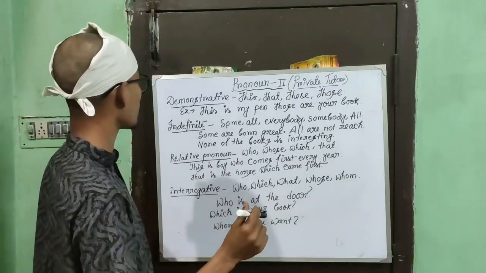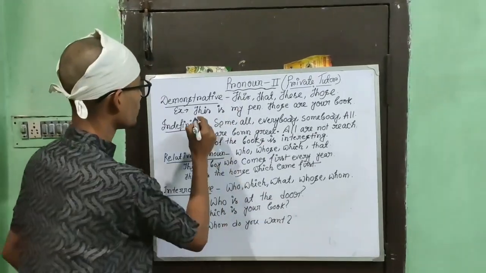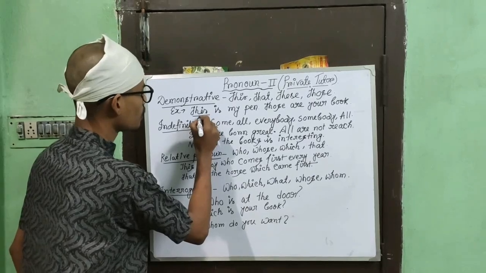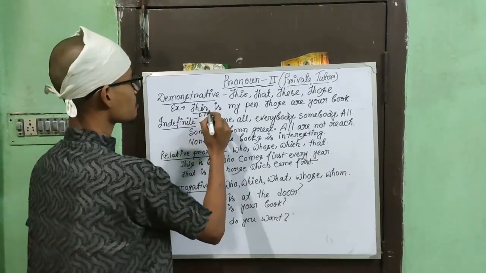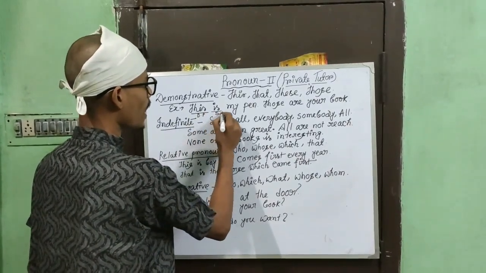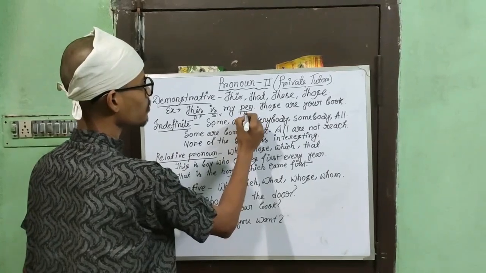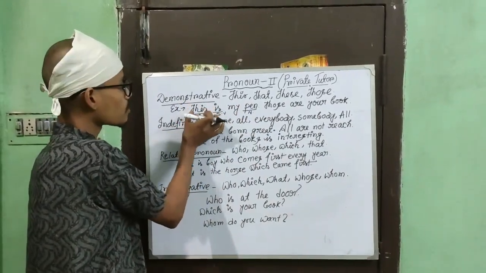As you can see in the sentence, this is my pen. Here the word this is the demonstrative pronoun. Okay, so it is followed by a singular verb, and the noun is also singular. That is why we used this, the singular demonstrative pronoun.